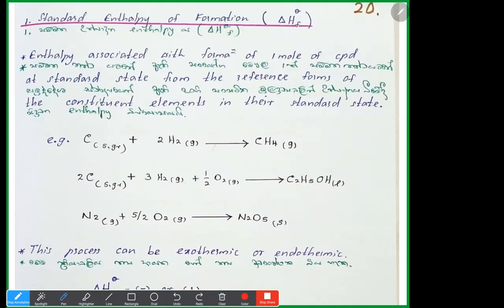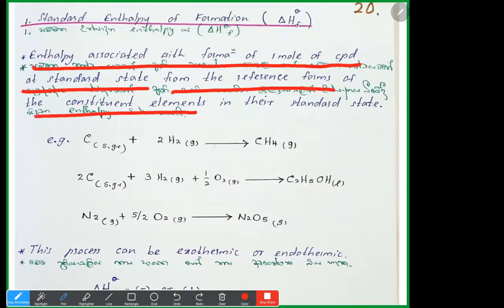But it is the enthalpy associated with formation of 1 mole of compound, so the product side is always supposed to be 1. The full definition is: enthalpy associated with formation of 1 mole of compound at standard state from the reference form of the constituent elements in their standard state.